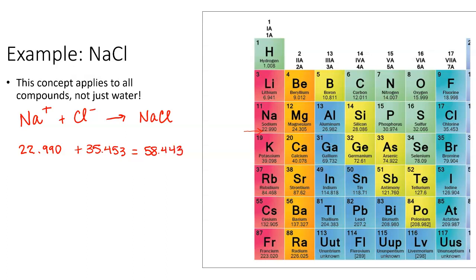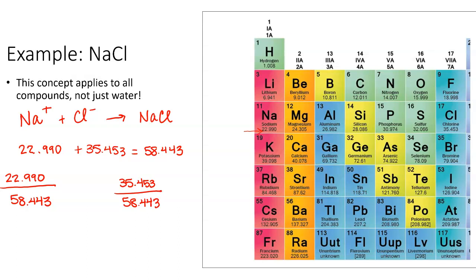This gives us 58.443. So no matter how many compounds you have, no matter what the mass is, no matter how many ion formula units you have, it's always going to have this ratio of 22.990 out of the 58.443 for sodium, and then the 35.453 out of the 58.443 for chlorine.